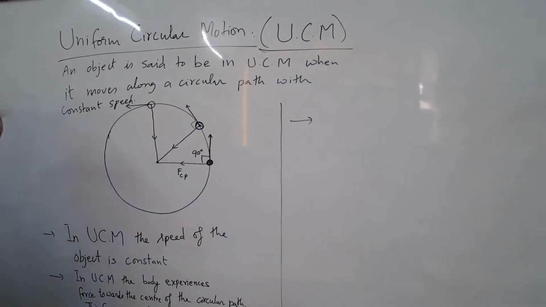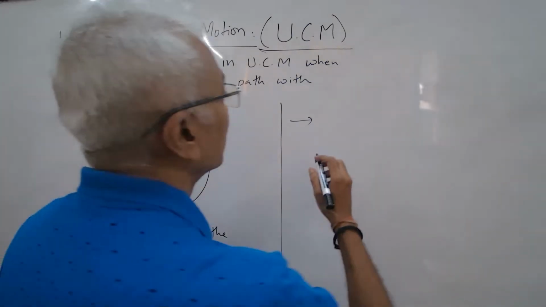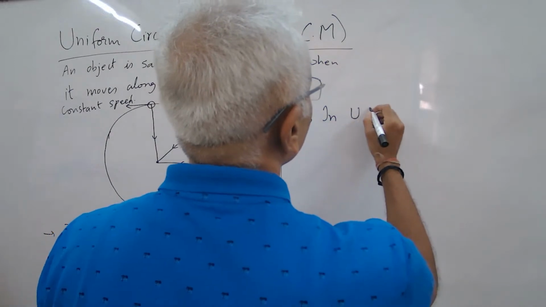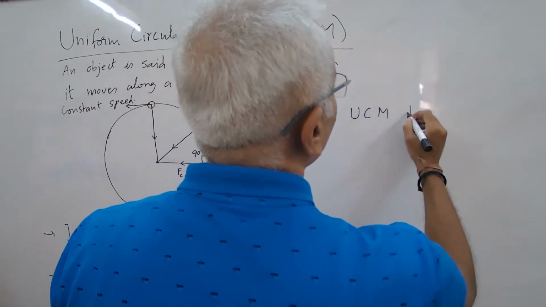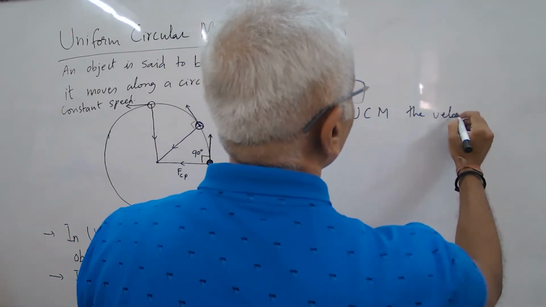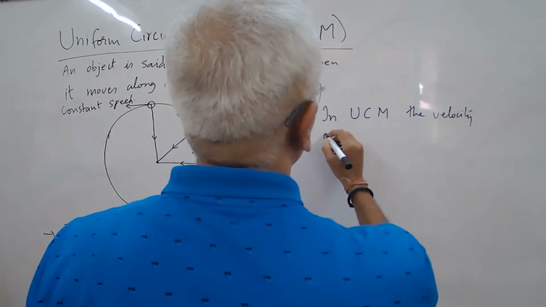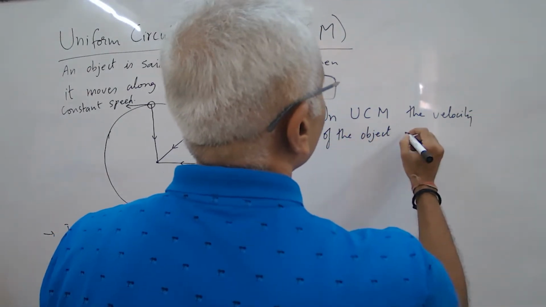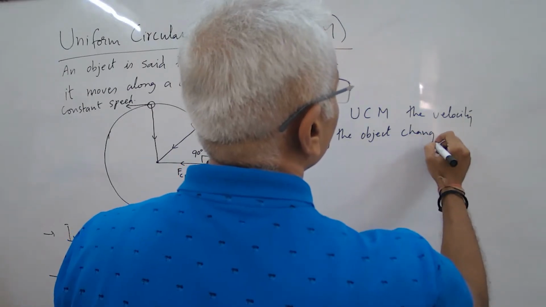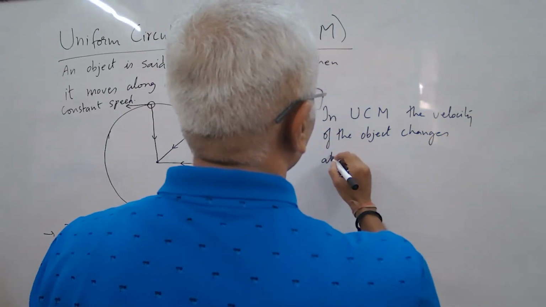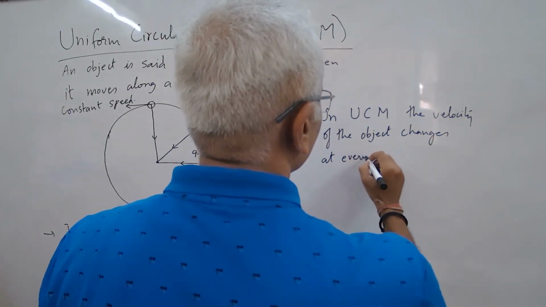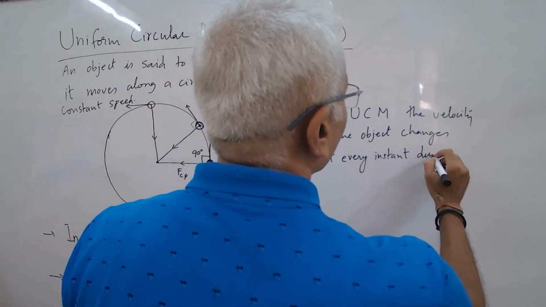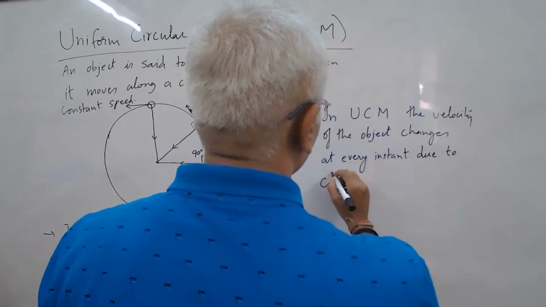Therefore velocity is variable. So in UCM, the velocity of the object changes at every instant due to change of direction.